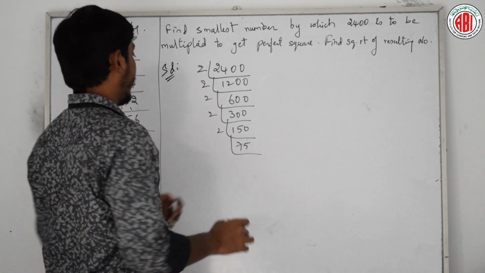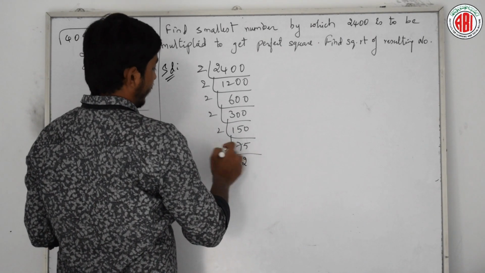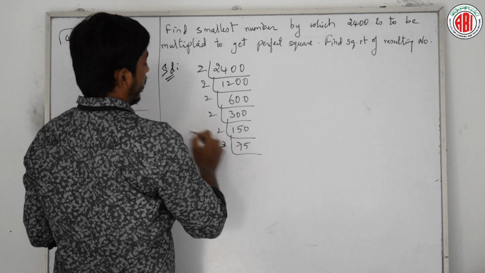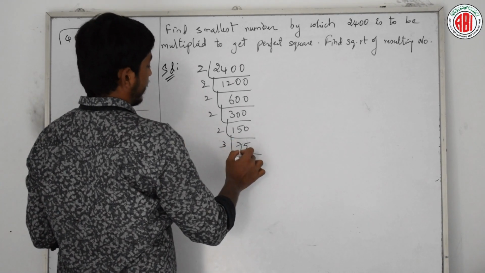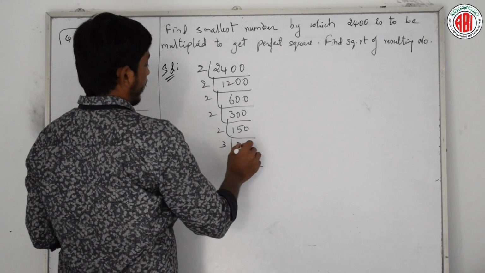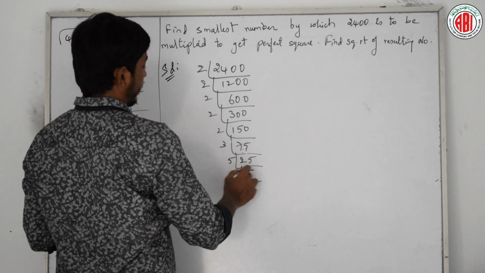Is it fine? What shall we do here again now? Let us do it for 3. 3 2s are 6, and the next 3 5s are 15, and the next 5 5s are 25.